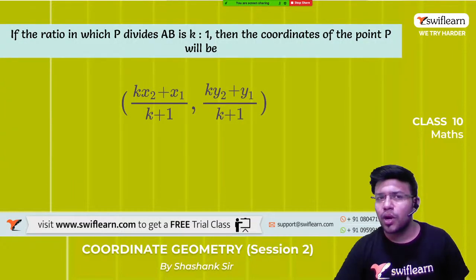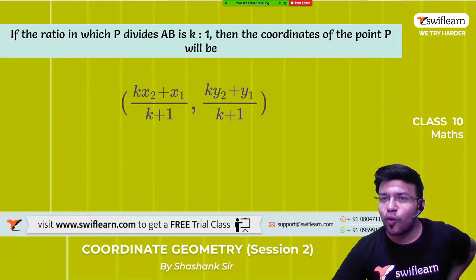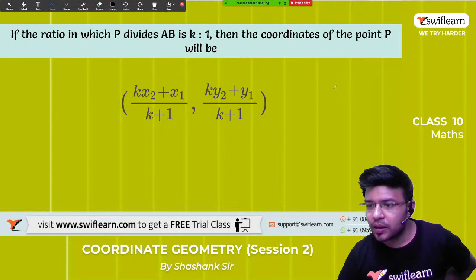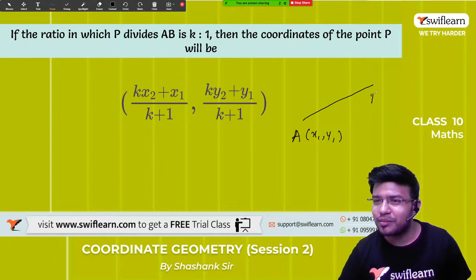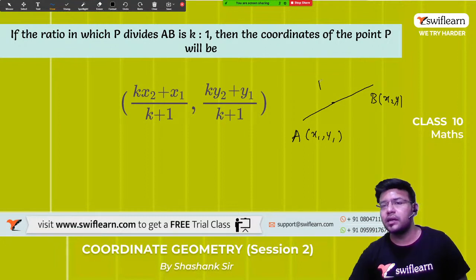Now, a special case or alternative case: if the ratio in which P divides AB is K is to 1. Let us take that diagram again. Point A is x1 comma y1, point B is x2 comma y2. Now point P divides the line segment AB in the ratio k is to 1.